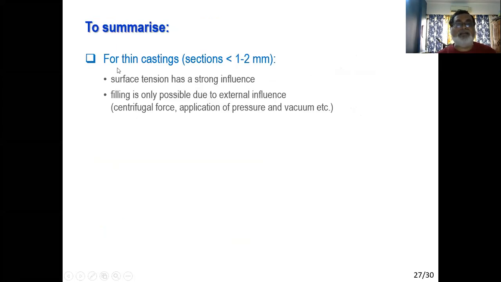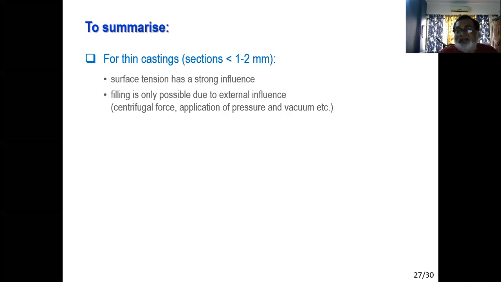So to summarize, for thin casting, sections smaller than 1 to 2 millimeter, surface tension is an important parameter. It has a strong influence in filling the mold cavity. Filling will only be possible if we use external force. External force can be vacuum, can be atmospheric pressure, or can be centrifugal force.